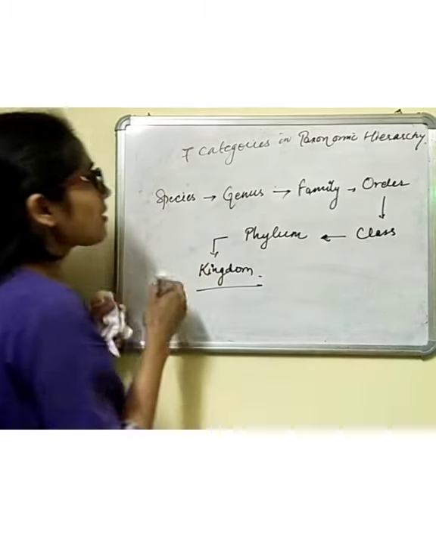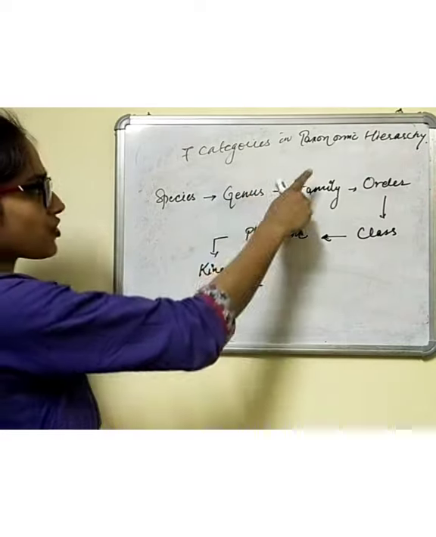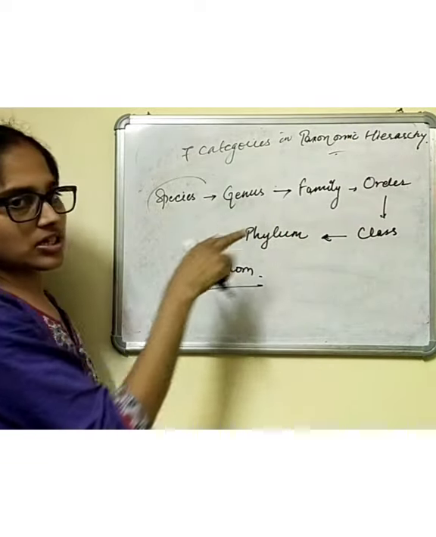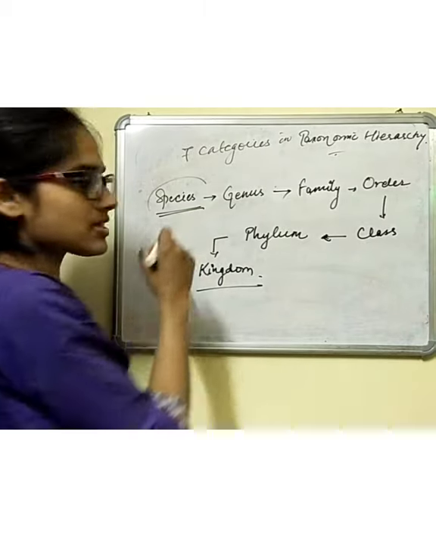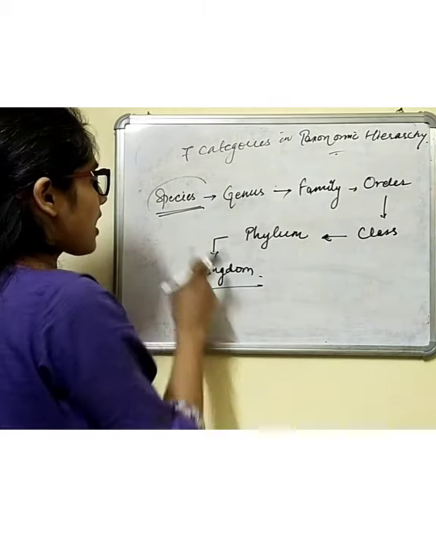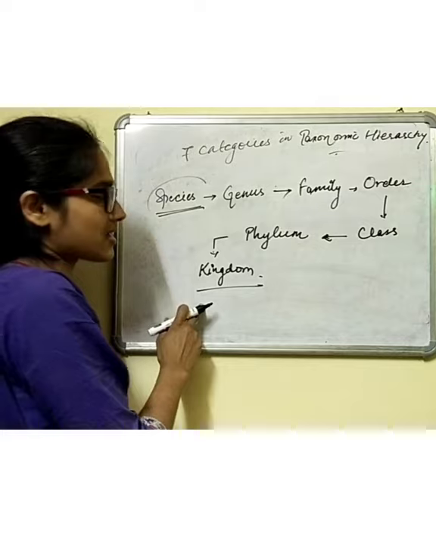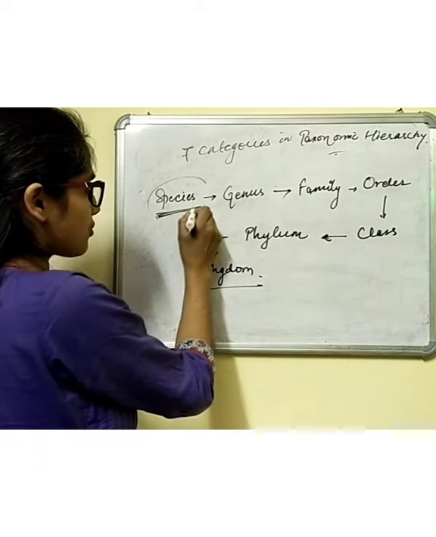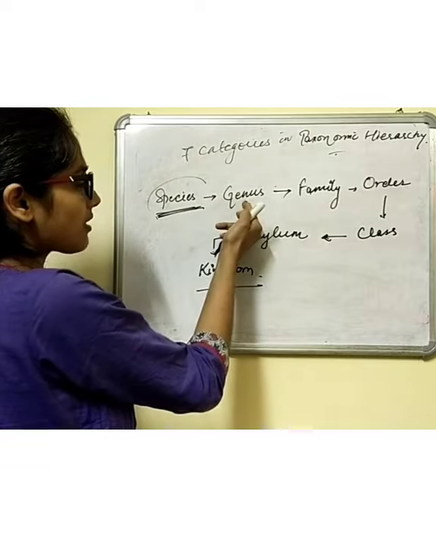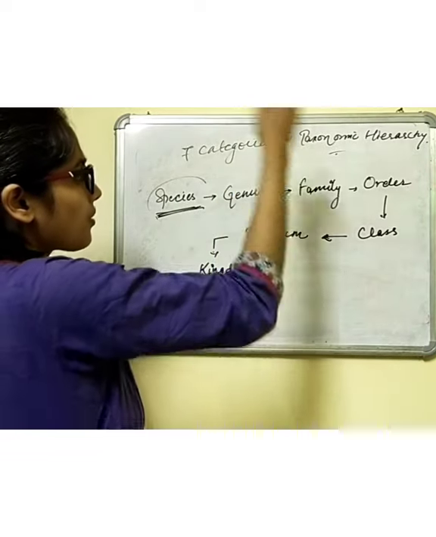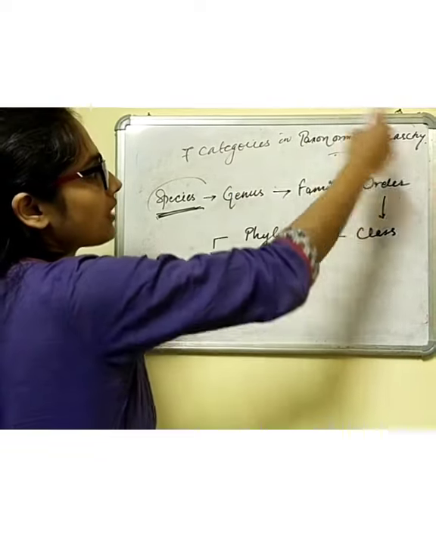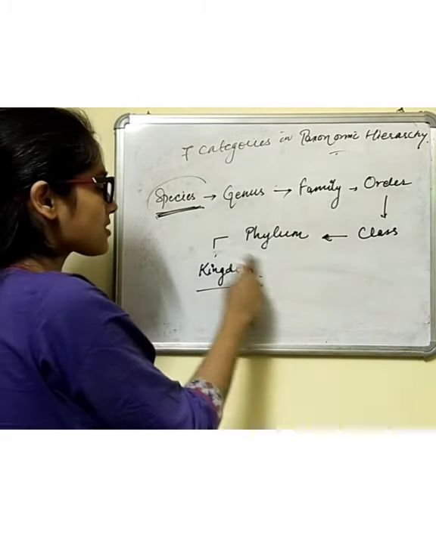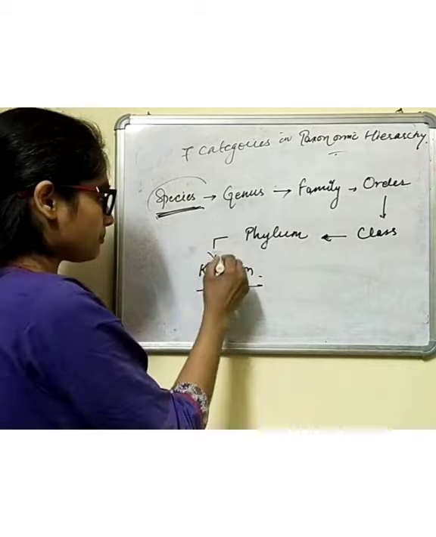So these are the 7 categories in the taxonomic hierarchy, arranged in descending order: species is the lowest taxa and kingdom is the highest taxa.